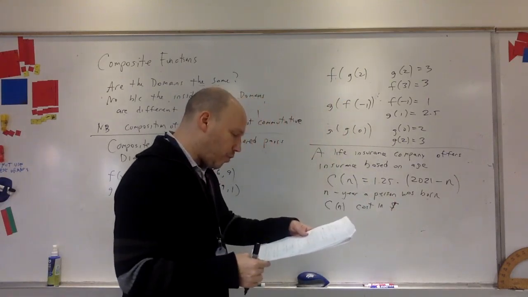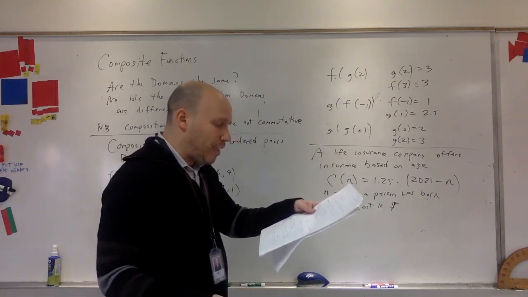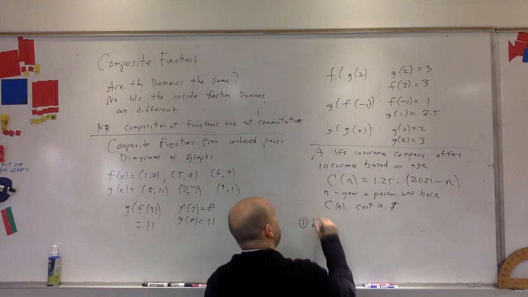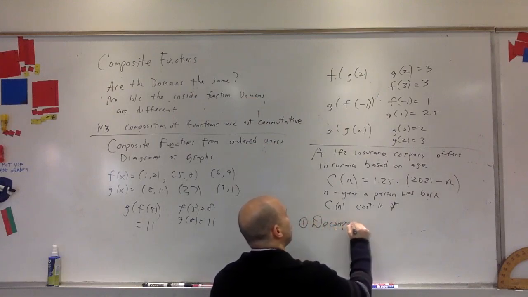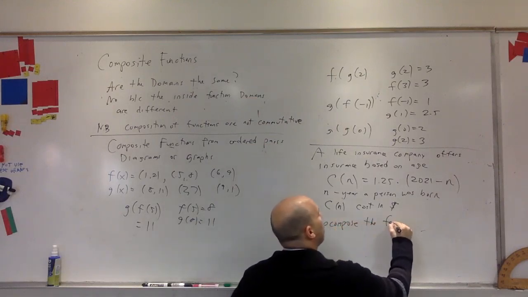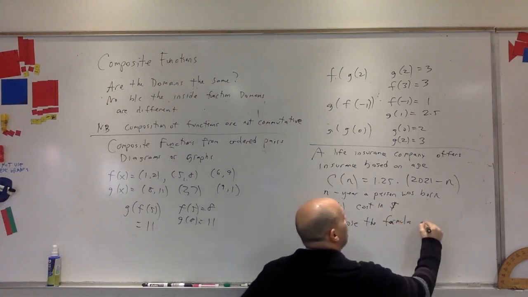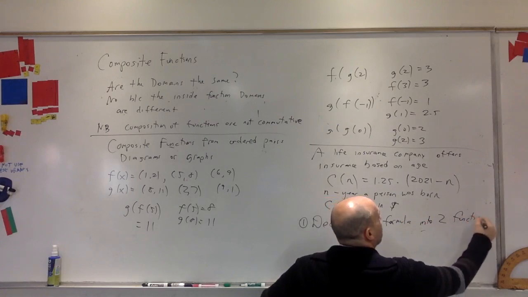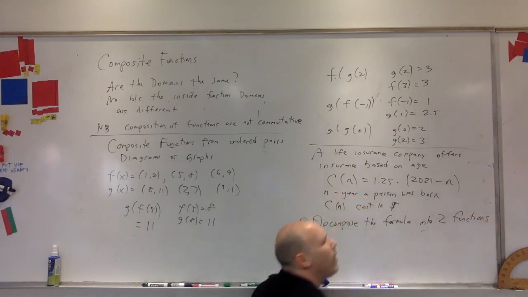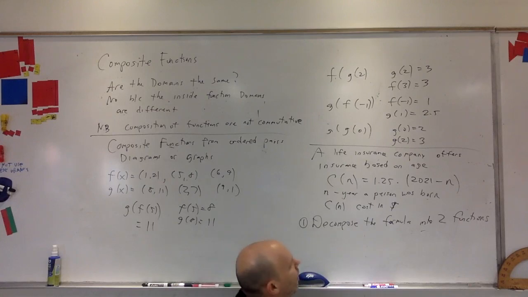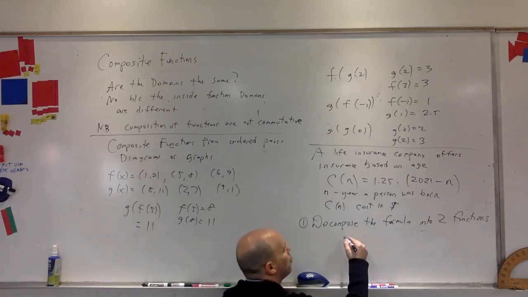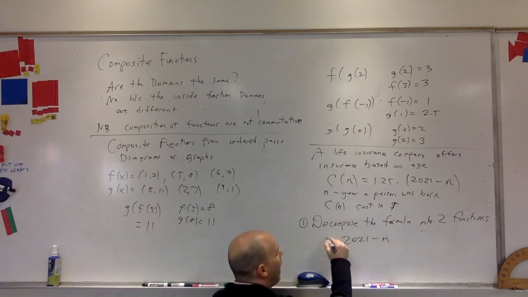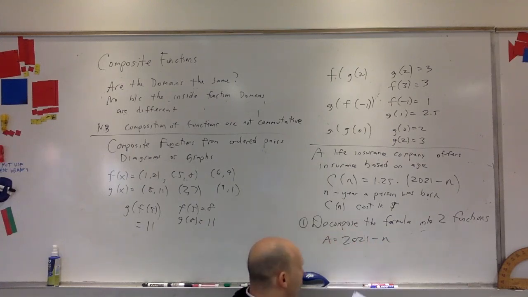Okay, so the first one, part A: decompose the formula into two functions. Well, the first thing is this age, 2021 minus n. Let's call that A. And then what's the next part?